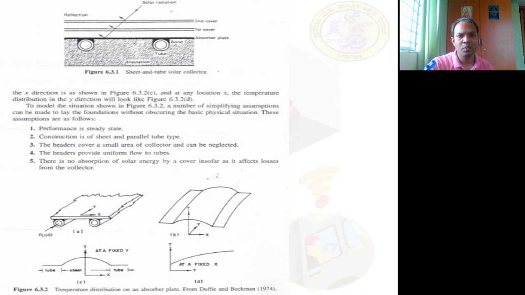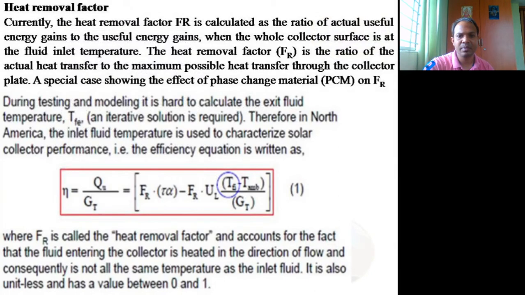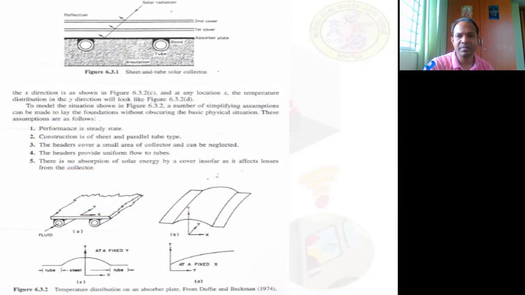To model the situation shown in figure 6.3.2, a number of simplifying assumptions have been made to lay the foundation without omitting anything of the basic physical situation.